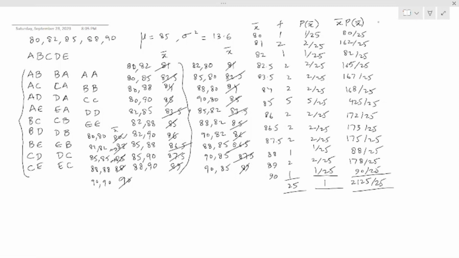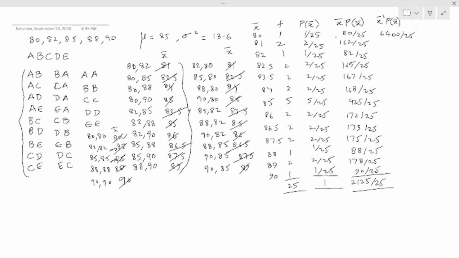Now to move to the next calculation, we need to raise each value of x bar to the square and then multiply it by its associated probability. What we do: 80 times 80, so that's 6400 on 25. Simply, we can multiply the numerator of this value again with the associated value of x bar.